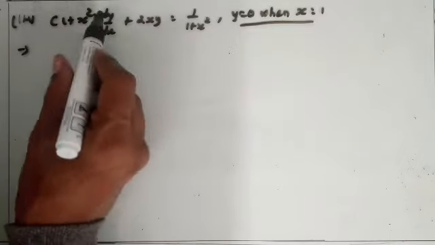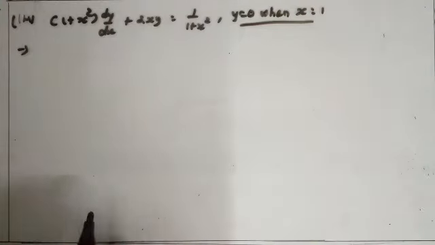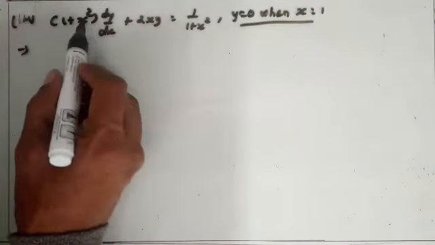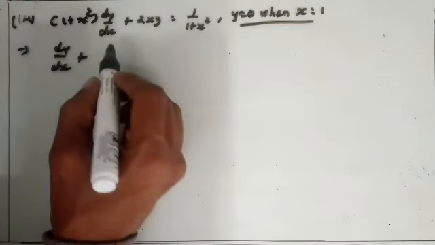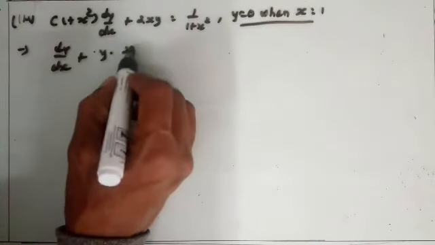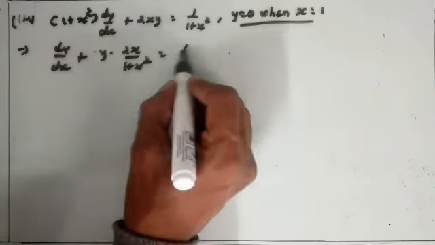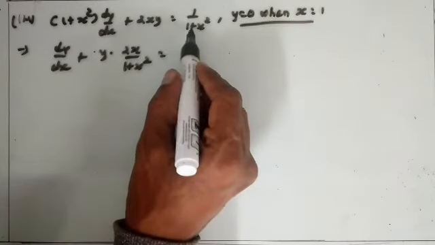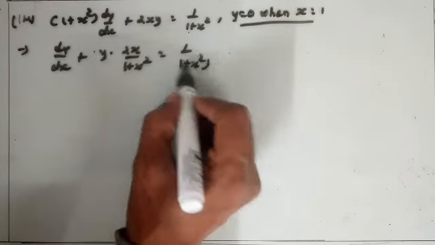Here (1 plus x square) dy/dx plus 2xy is equal to 1 upon 1 plus x square. First, dividing by 1 plus x square, we get dy/dx plus y into 2x upon 1 plus x square is equal to 1 upon 1 plus x square into 1 upon 1 plus x square, which becomes (1 plus x square) raised to 2.